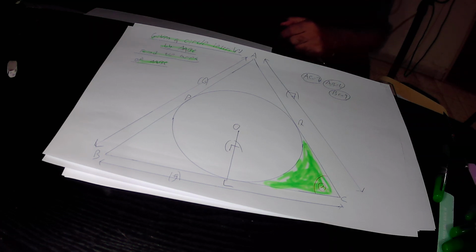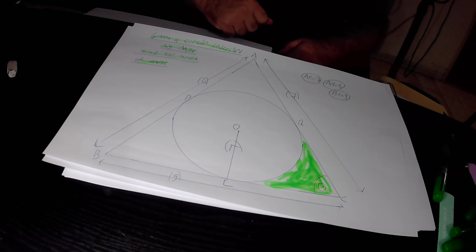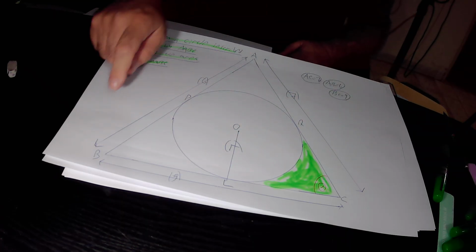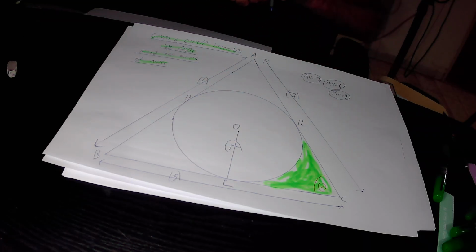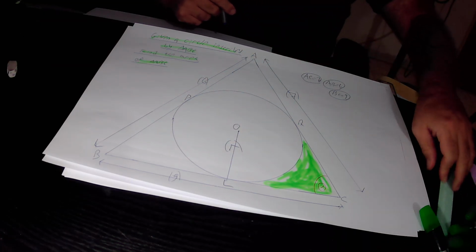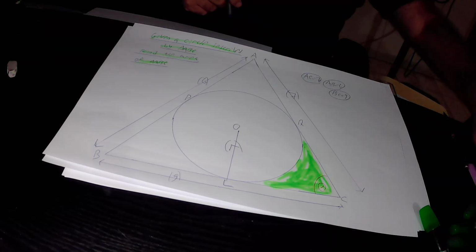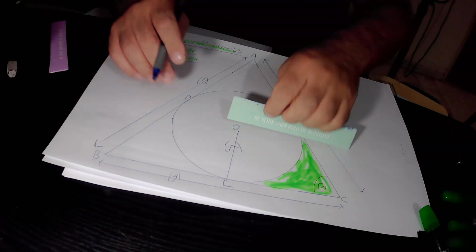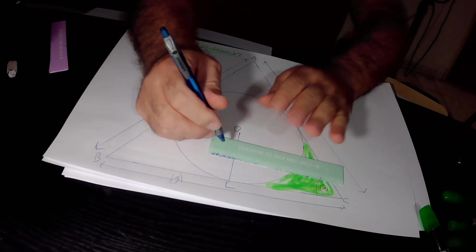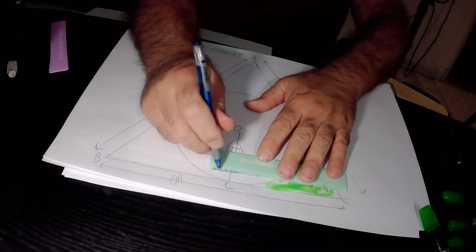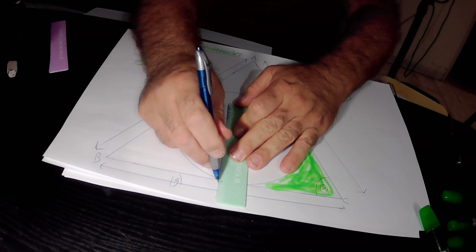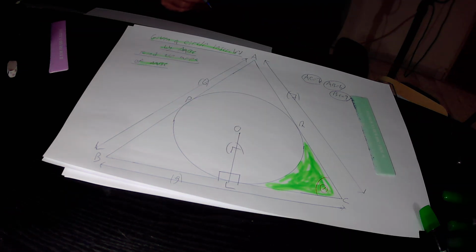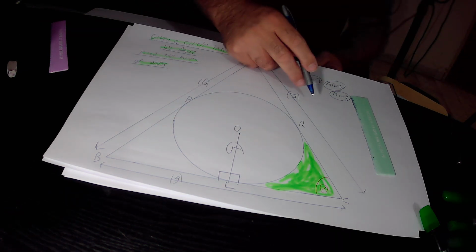Whenever you have a radius drawn to the point of tangency, the tangent BC will be perpendicular to the radius LO. If BC is perpendicular to LO, it means that this angle equals 90 degrees. And this angle also equals 90 degrees according to rule 1. In the next step, we'll join points O and Q together by a straight line.